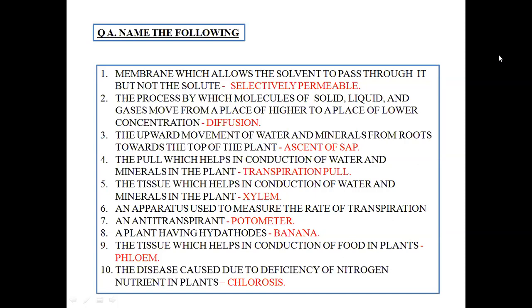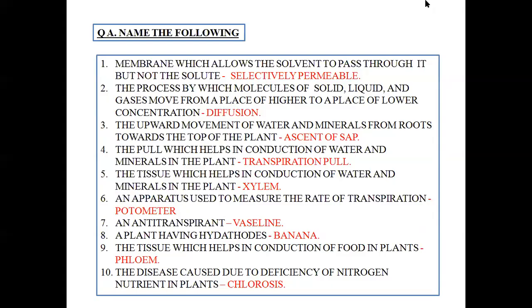Next is the tissue which helps in conduction of water and minerals in the plant. It is the xylem, as I told you, that helps in ascent of sap. So the answer is xylem. Next, the apparatus used to measure the rate of transpiration is the potometer. Next is an anti-transpirant, a chemical or substance that does not allow transpiration to occur.